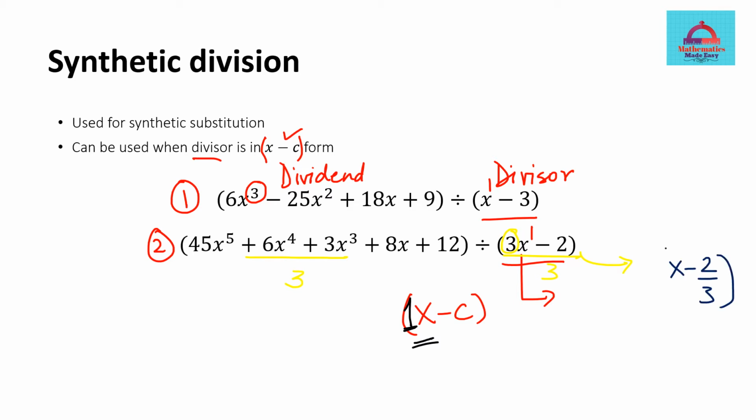So then you will be able to perform the synthetic division because now the coefficient of x is 1. So that means synthetic division is a little restrictive method. It can only be used when the divisor is in the form x minus c with the coefficient of x as 1.